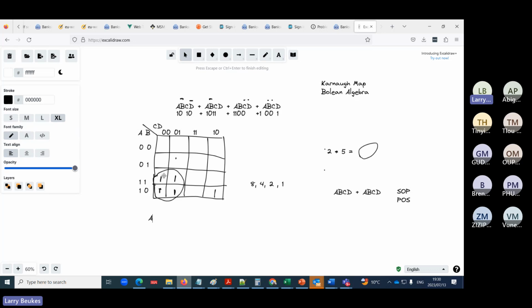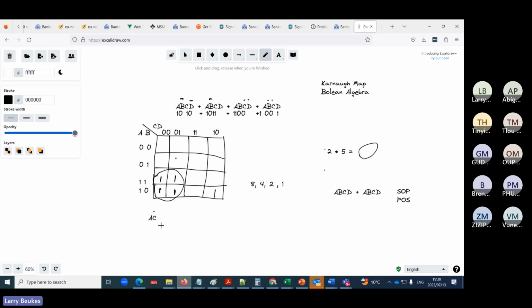In this group, we still have two columns. In the first column, C is a 0. Second column, C is a 0. So C does not change state. So we're going to take C, but it's low because it's a 0. So it's actually not C, right?